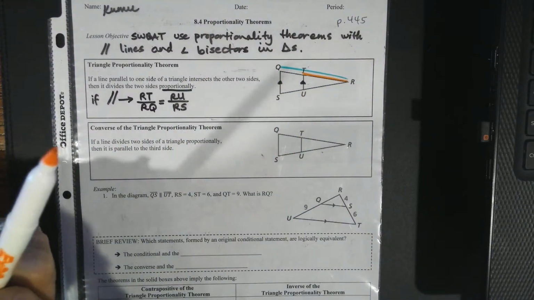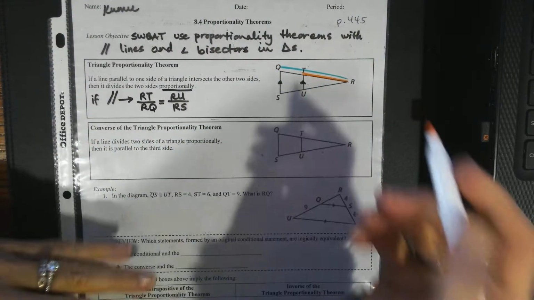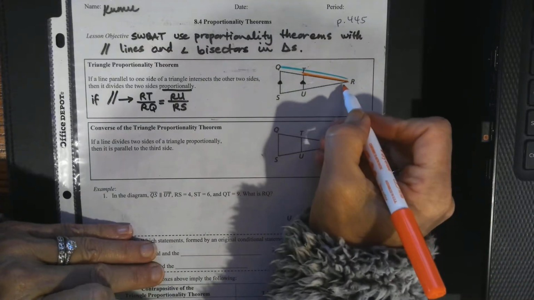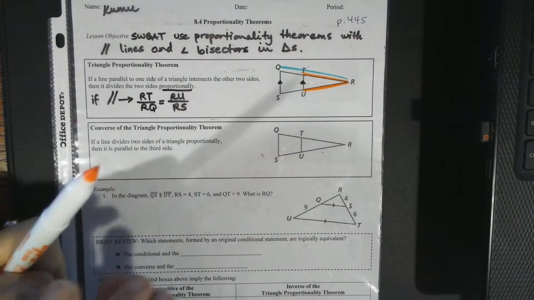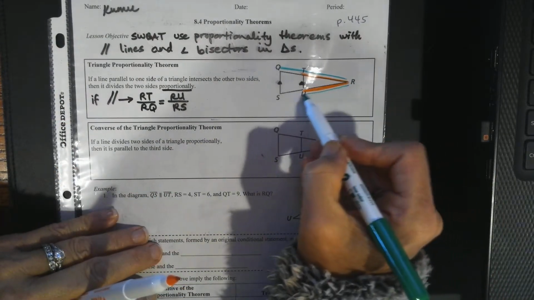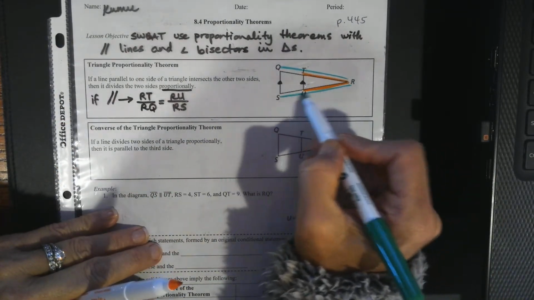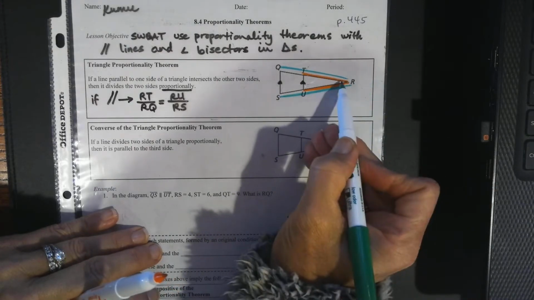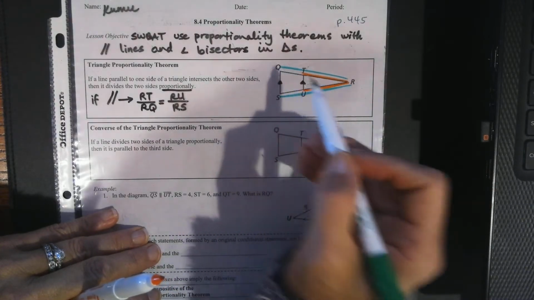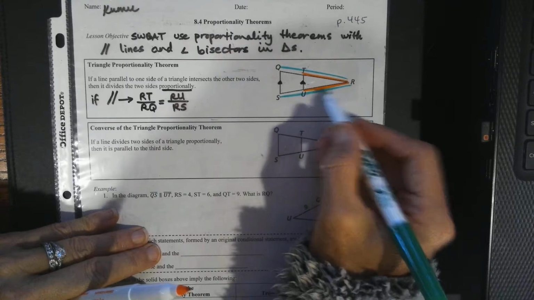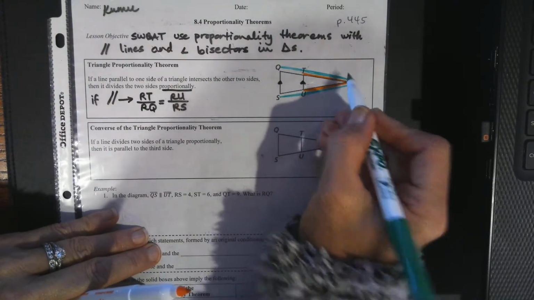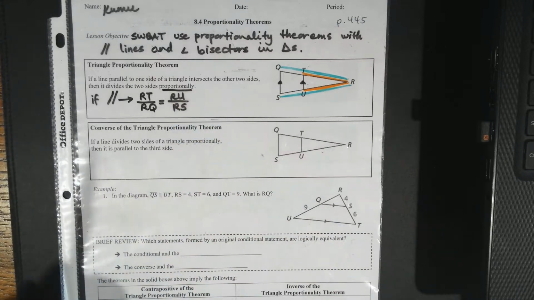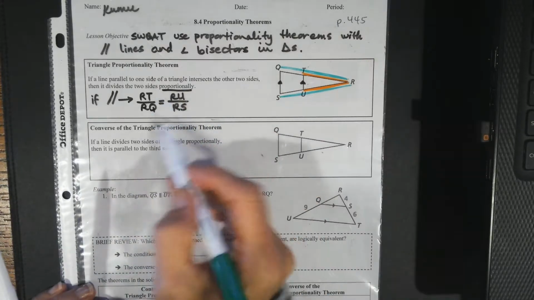And that ratio should equal RU divided by RS. So the small side over the large side equals the small side over the large side. And that's called a proportion when you have 2 ratios equal to each other. So if you have parallel, then you get this.